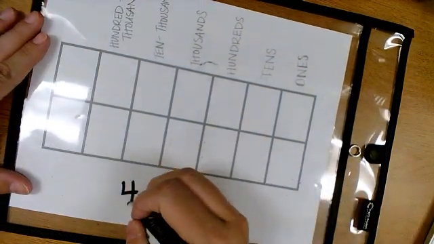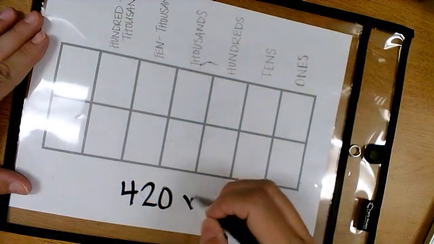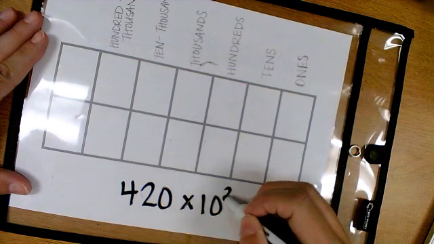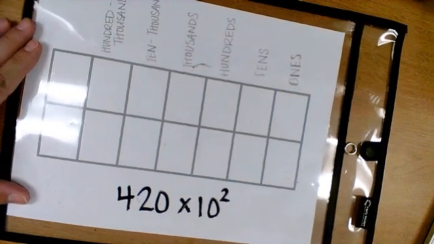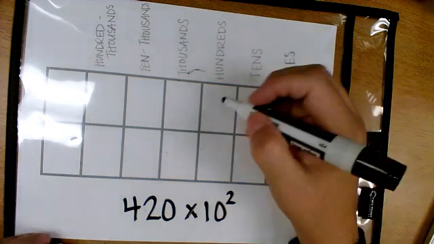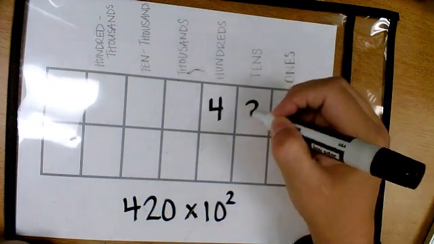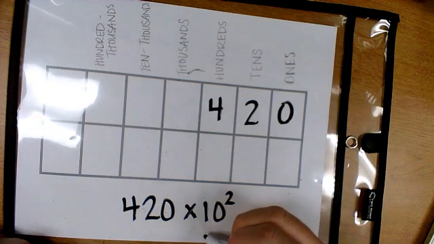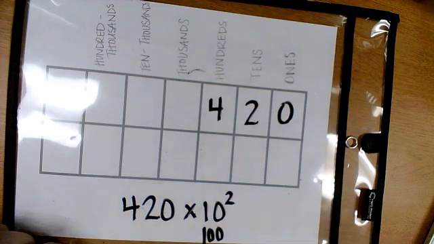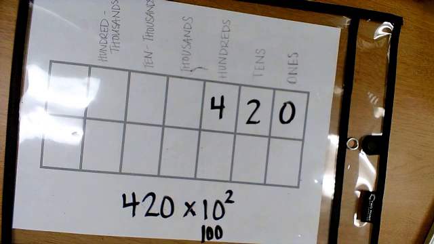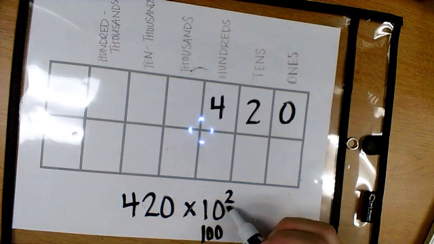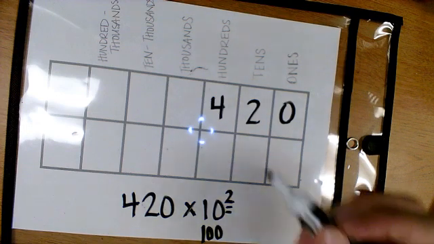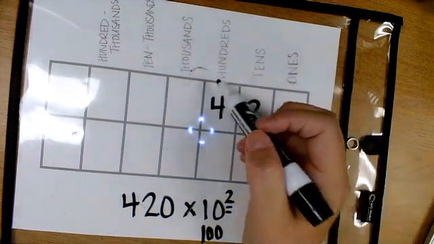If we have 420 times 10 to the second power, we're going to do this the exact same way. So we're going to write in our 420. And 10 to the second power is the same as 100, so we want to make this 100 times bigger. We know that each jump is 10 times bigger, and I want to make 2 jumps because I want to make it 100 times bigger.